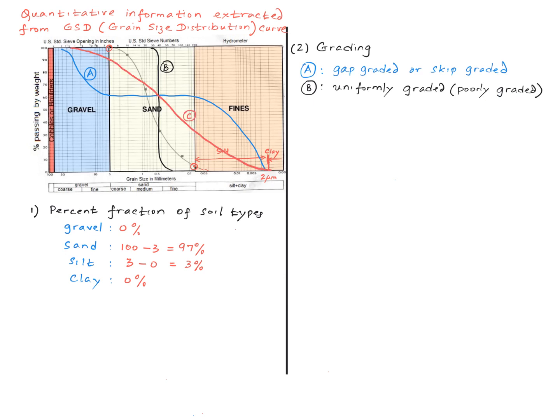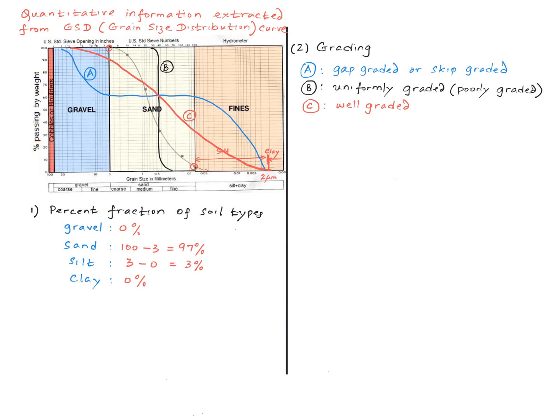So let's consider a third soil whose grain size distribution is given by curve C. And we see that there's a little bit of everything in the soil, and we call such a soil a well-graded soil. So the large pores between large particles in the soil will be filled with small particles. And such a soil will have a high strength and low permeability, and such a soil is a desirable soil.